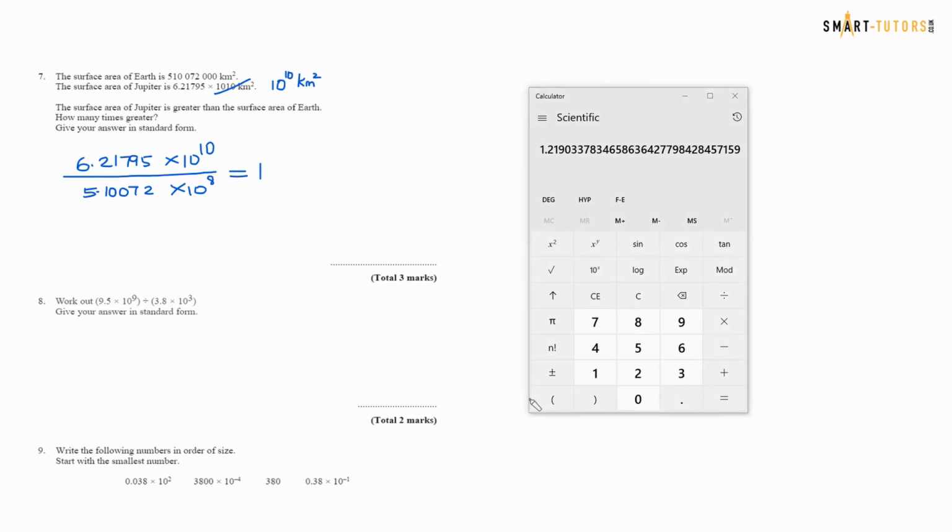So 1.219 times 10 to the power 10 take away 10 to the power 8 is 10 to the power 2. So 10 to the power 2 is 100, which means 121.9. So nearly 122 times bigger.